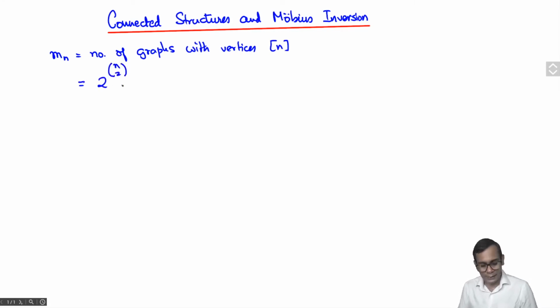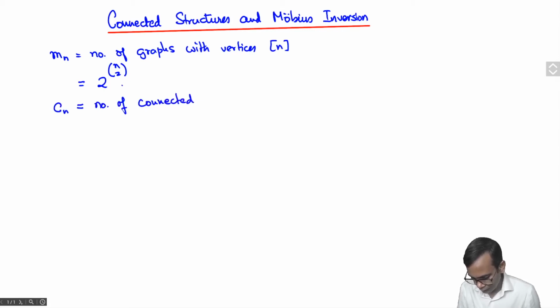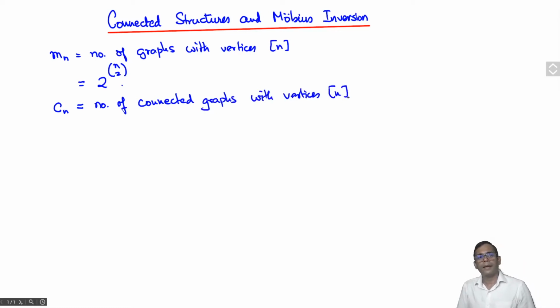Now that was easy, but it's not so obvious if I ask you what is the number of connected graphs with n vertices. One way to solve this problem is to enumerate the number of graphs with n vertices in terms of connected graphs with n vertices.